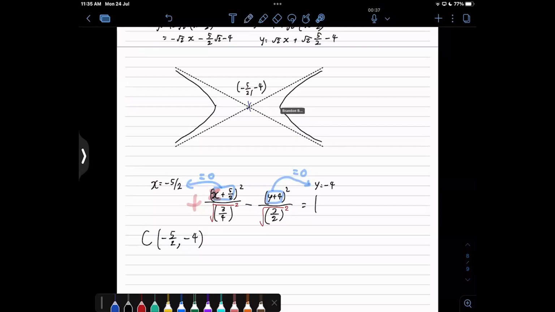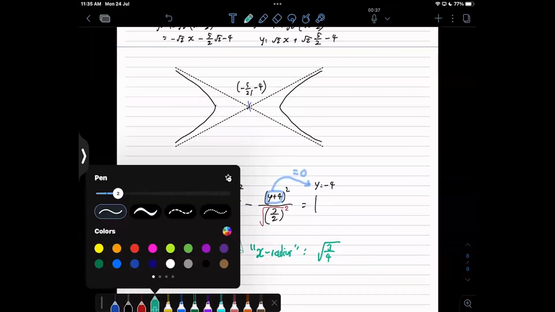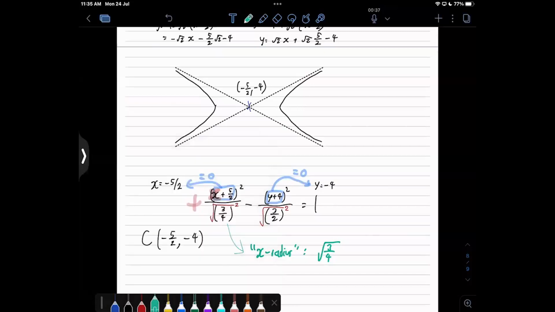So this guy, because it's an X, right? You only care about the X for now. This guy here, you get something like the X radius. It will be equal to square root 3/4, right? Let me increase the font size. So where do you get the square root 3/4 distance?